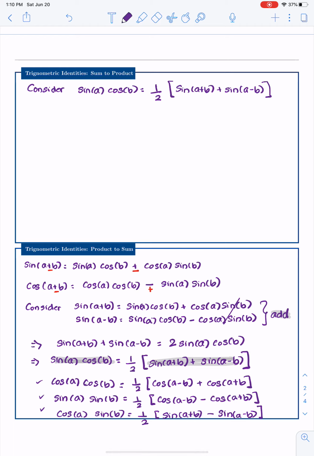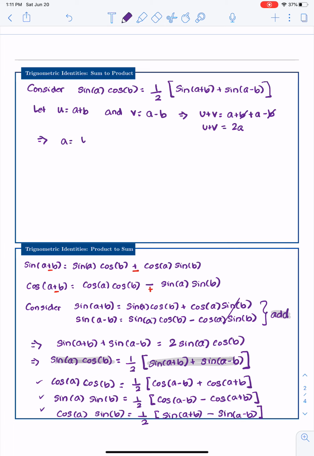So I'm going to let U be equal to A plus B and V as A minus B. This would imply when I add U and V, I would end up getting A plus B plus A minus B. The B's would go away, so 2A would equal U plus V, which should imply A is U plus V divided by 2.